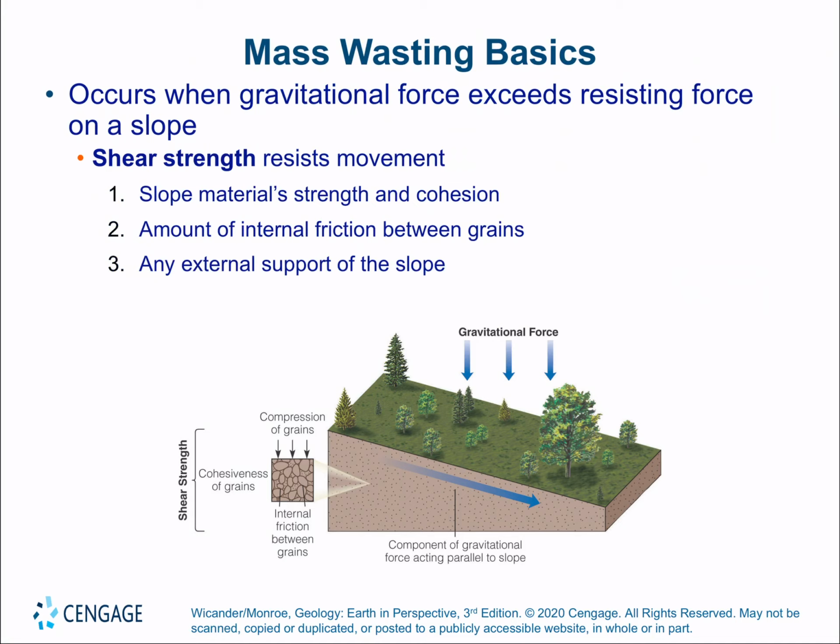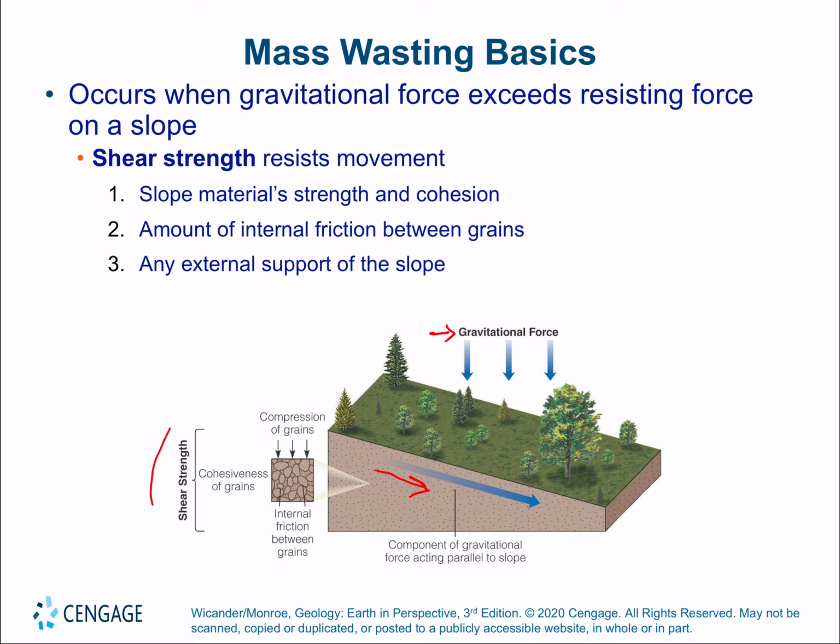You're also going to be concerned with the internal friction between the grains. Are the grains touching, or are the grains suspended in water and not touching? And then you're also looking at any external support of the slope. You can see in this picture that gravitational force is pointing down, and you have a component of it acting parallel to the slope.